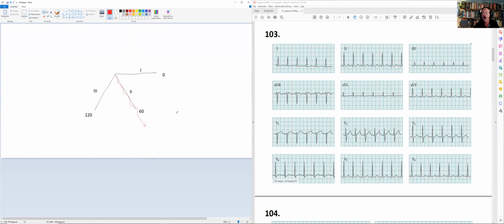However, if you had a main electrical axis of 60, that means you are equally placed from lead number 1 and lead number 3, exactly 60 degrees. So the reflection to these leads should be equal. If you look at the R waves or the positivity, they should be equal in lead number 1 and lead number 3, because you are exactly in the middle.